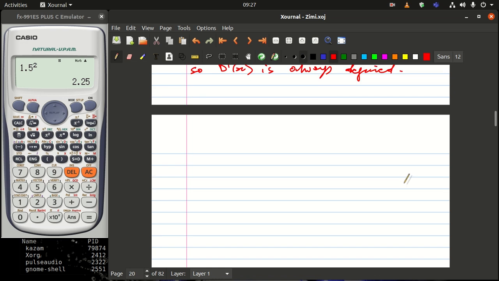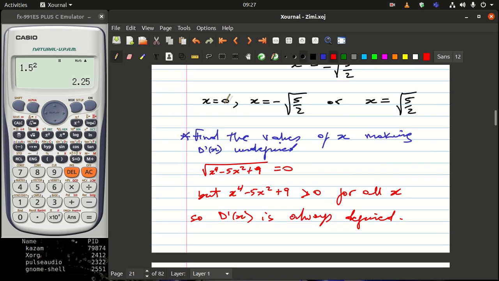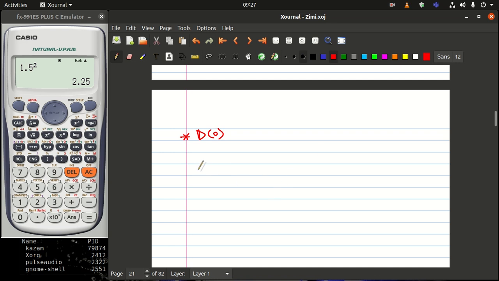The next thing that we need to find now is the distance when x is equal to 0, which is this one here. And the second thing is the distance when x is equal to minus the square root of 5 over 2.